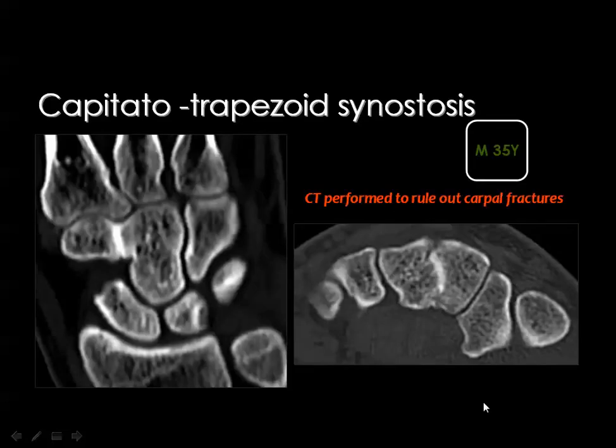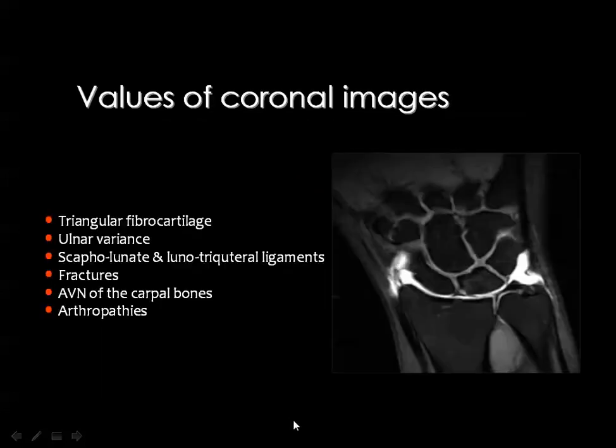And this is the capitate and trapezium fusion or synchondrosis. And you remember, this is the trapezium, and this is the trapezoid, this is the capitate, this is the hamate. Now there is fusion between the trapezoid and the capitate bone.